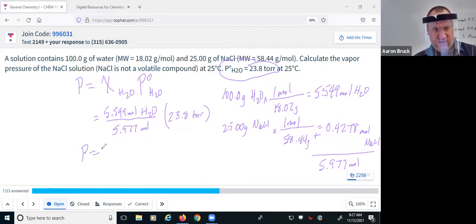5.549 divided by 5.977, my mole fraction to 4 significant figures, is 0.9284, times 23.8 torr.